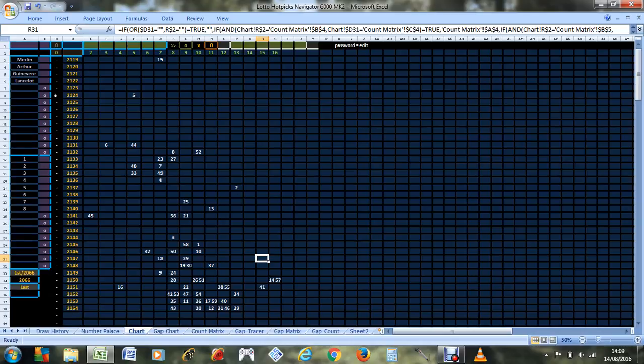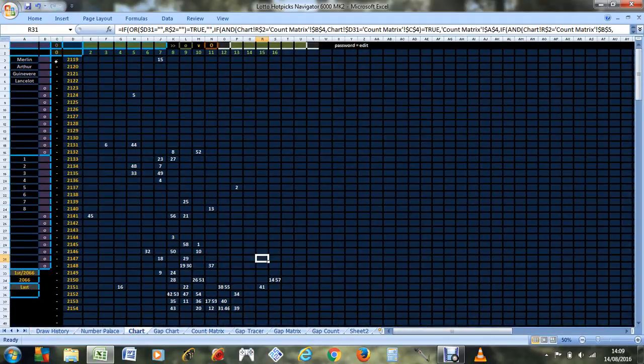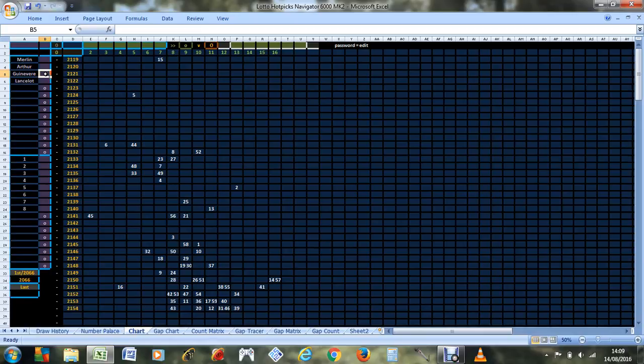Now what I'm going to do is just look at the machines that they've been using lately, Merlin and Lancelot. So we'll get rid of the data for Guinevere and the data for Arthur.